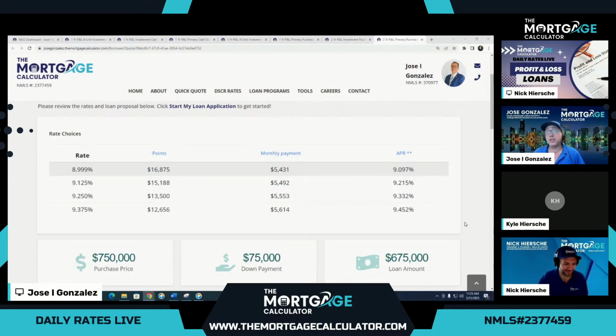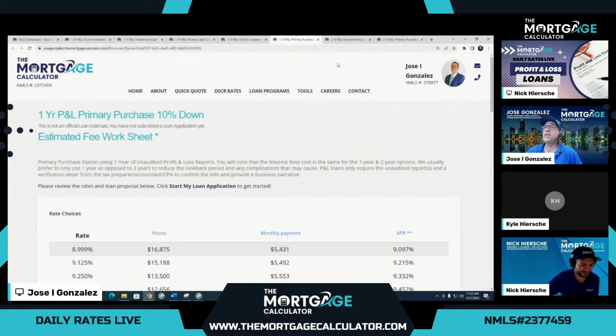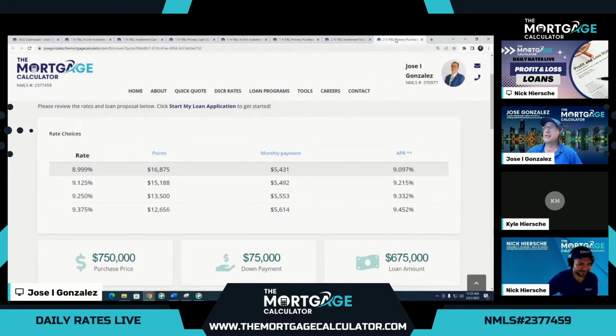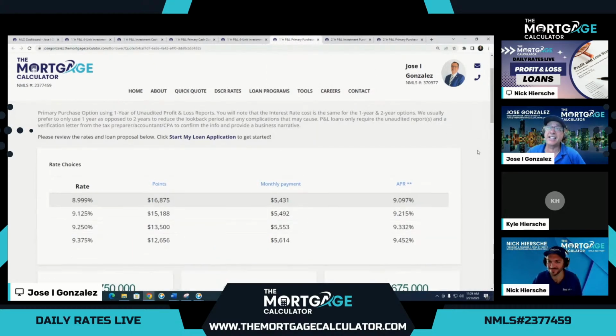A profit and loss is usually 2 pages long. And the third party verification letter from the accountant or CPA or tax preparer is usually 1 page long. That's 3 documents to verify your income. So this is 2-year, 10% down. Now let me show you the 1-year option, and we'll see if there's any differences. And you will see that the cost is exactly the same.